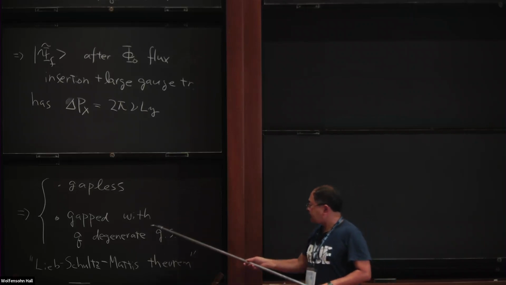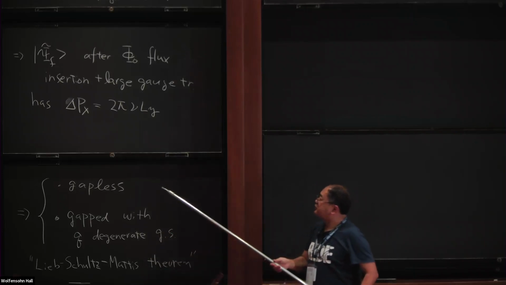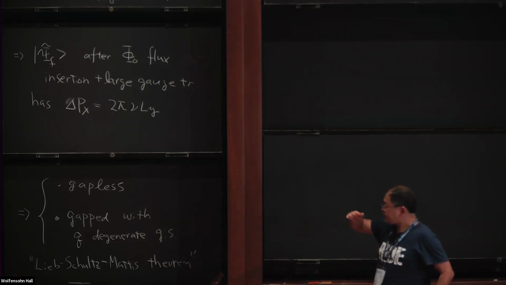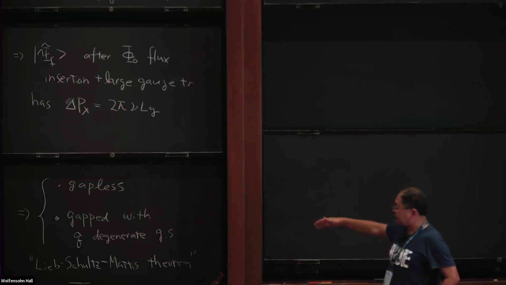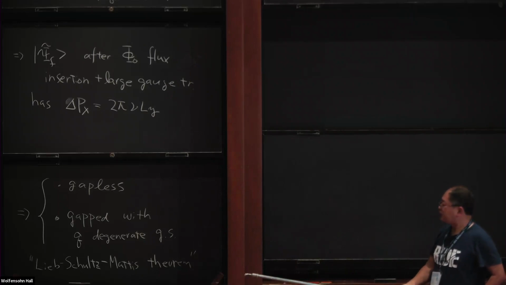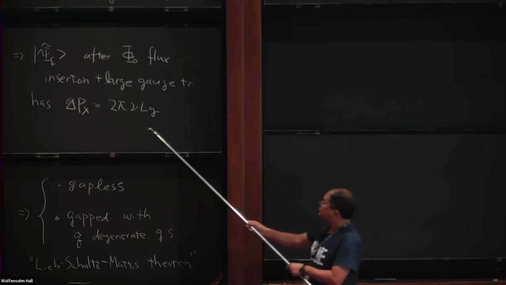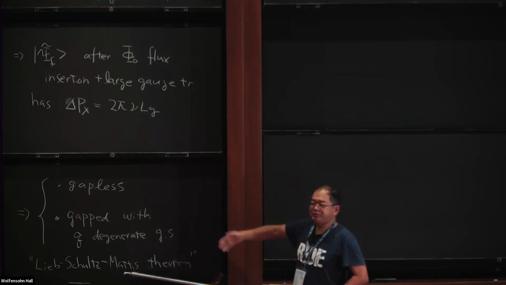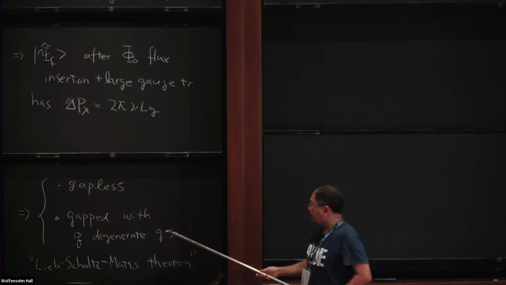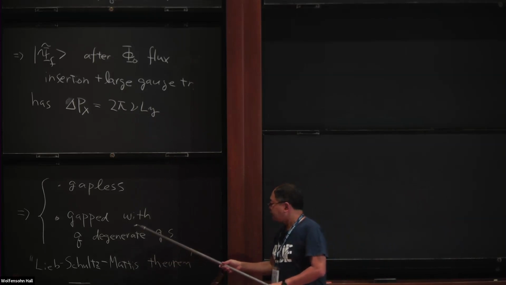So if the system has a gap, then if you do this flux insertion adiabatically, you must follow the ground state. So you must end up with the ground state. But now the final state is different from the original state, which means that there must be degenerate multiple ground states. And because of this change of momentum, you can repeat this process many times and find a new ground state up to q times.